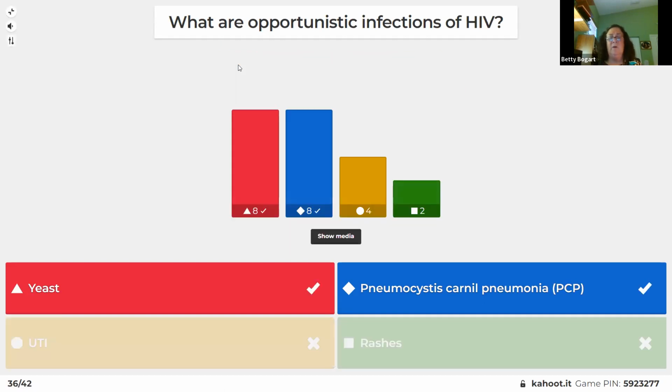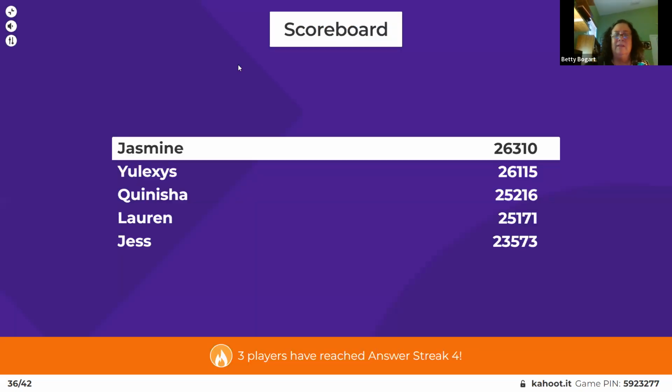So yeast is one of them, and then PCP pneumonia. How would you know one or the other? What symptoms? Remember, pneumocystic pneumonia is going to be all respiratory problems. And yeast, whether it's perineal or in the mouth, we can tell by the yeast buds that you're seeing there, white.